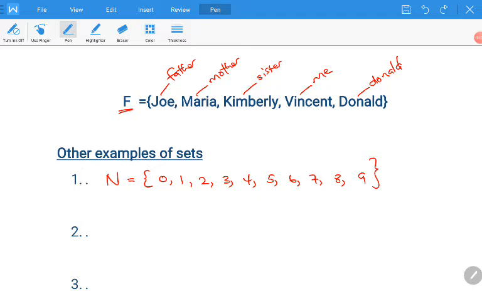Now let's look at another set. Another set that I can think of is a set of fruits which are served at my former school.